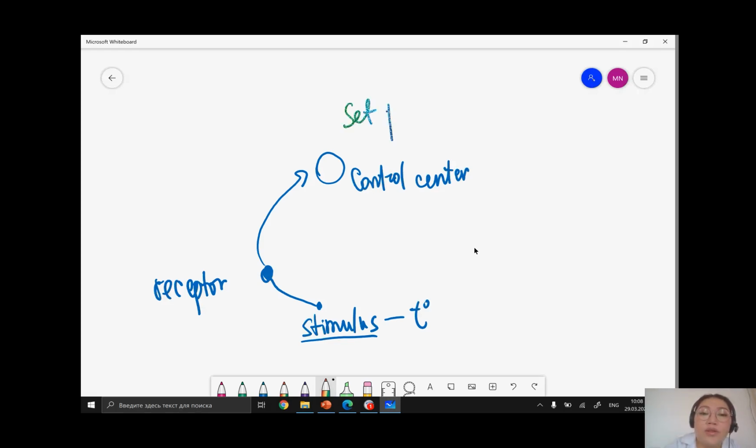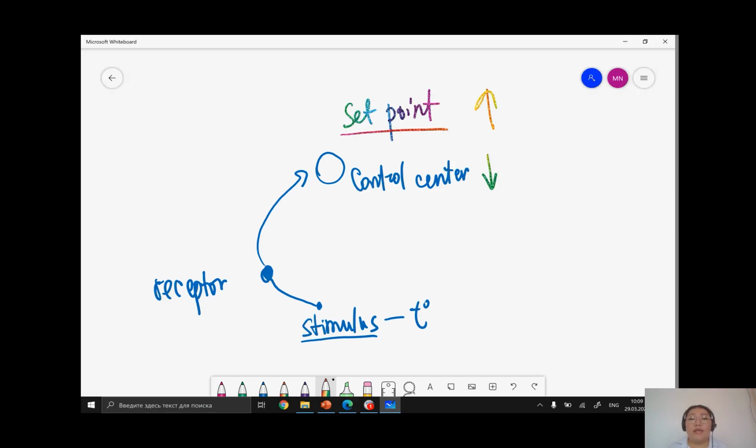So the set point is just the level of this value, the normal range of this value. And the control center should compare the stimulus with this set point, to see if it's higher or lower than the normal range.